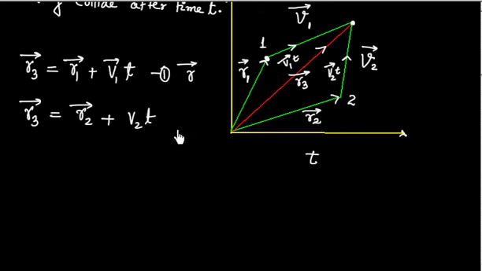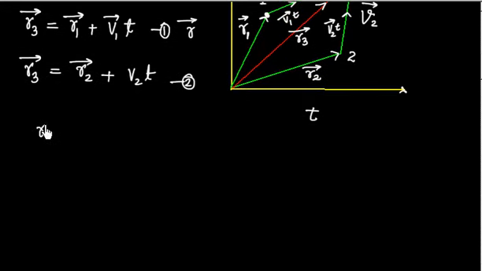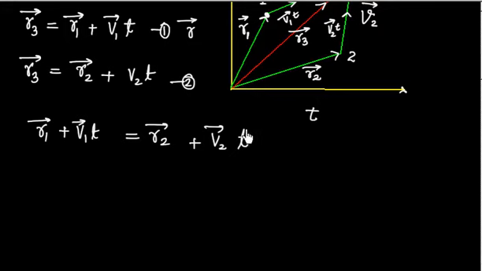These two vectors are the same, so we can equate r3. So r1 plus v1 t equals r2 plus v2 t. Since the two collide, the final position vector should be the same.